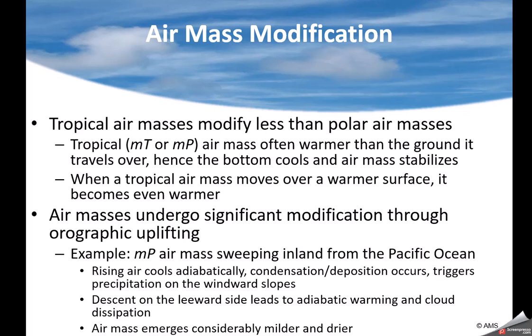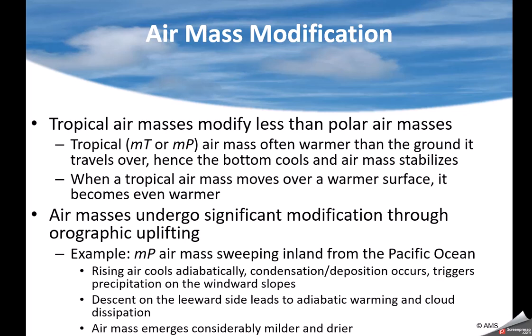So let's take a tropical air mass that forms off the Pacific coast. Lots of moisture out there, right? So if I have that air mass moving in from the Pacific Ocean into California, what's it going to do? Well, it's going to rain because the air is going to get lifted up over the mountains in California. It's going to begin losing some moisture. It's going to go down on the other side of the mountains.